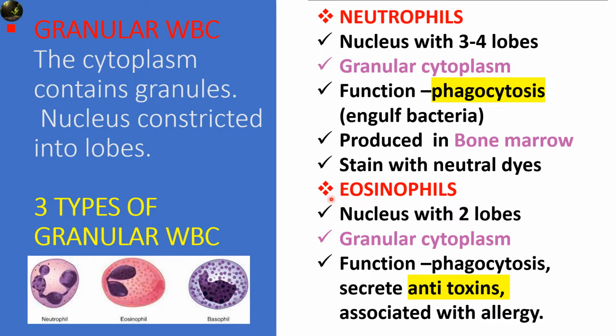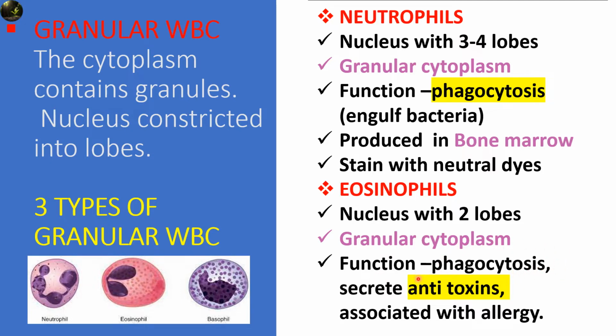The next type of granular WBC is eosinophil. What are the features of eosinophil? Nucleus with 2 lobes. In this picture you can see the nucleus with 2 lobes, granular cytoplasm, and the function is phagocytosis. In all the WBCs, the common function is phagocytosis.